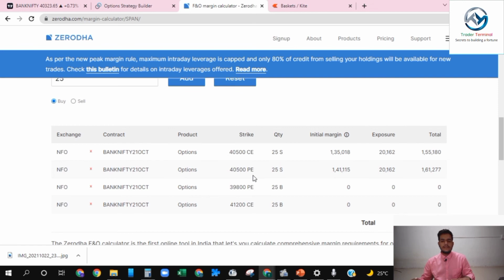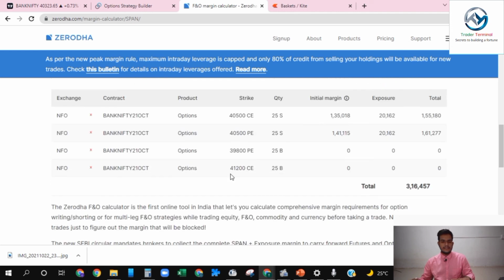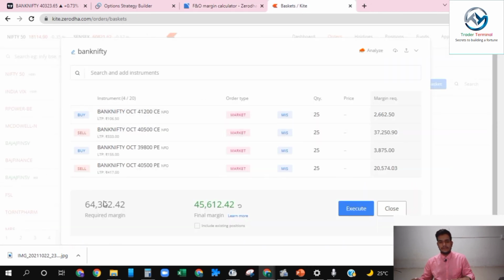You can see we need around 56,000 for doing one lot of this iron fly position. And we can see in the basket order in Zerodha, how much we need: 64,000, around 65,000 for one lot of this strategy, and the final margin which will be blocked is 4,600.